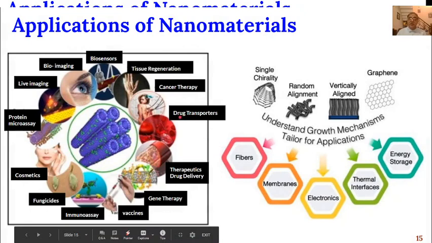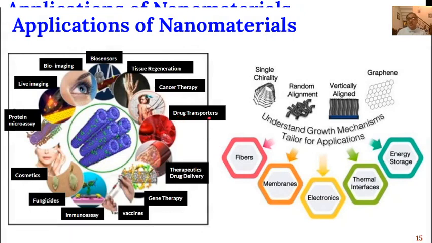So they have been used as drug transporters. They have been used in cancer therapy. They have been used in tissue regeneration in the field of medical science. They have been used as biosensors. They have been used in bioimaging technology. They have been used in live imaging.